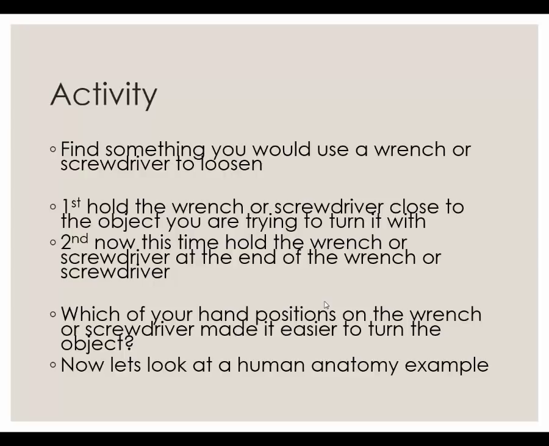We can place our hand up close to the knee, or we can place our hand further away from the knee down by the ankle. Try both of those on someone, and which one's easier? Which one's harder for the patient to do, and which one's harder for you? And which one's easier for the patient to do, and which one's easier for you?